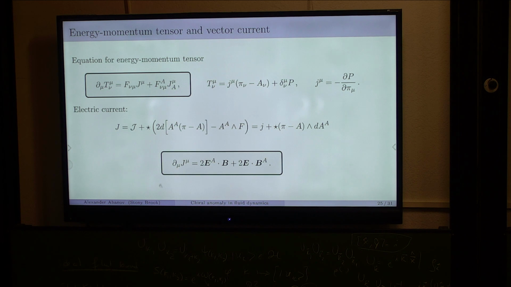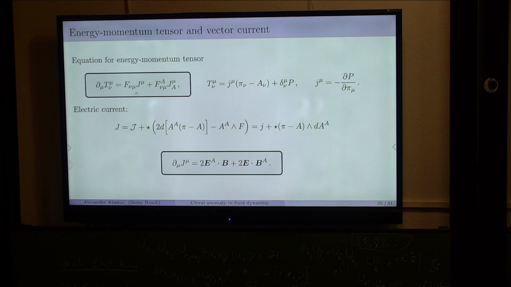Okay, it turns out that you can derive the following equations. You have to take the previous energy momentum tensor, except that now it's gauge invariant, and the divergence of this energy momentum tensor is given by two terms, two Lorentz forces. One acting on the vector current and another acting on this axial current, which we introduced. And you can derive an explicit formula for this current. In the language of anomalies, these are called covariant currents.